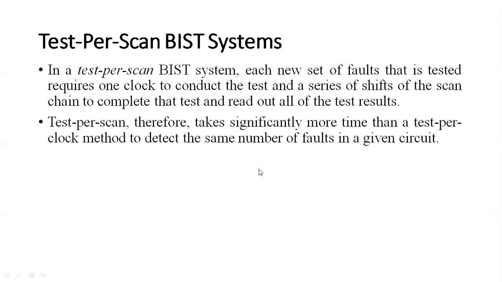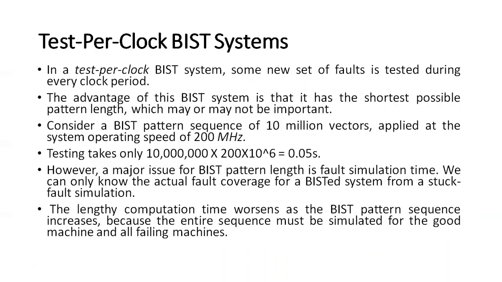The next concept is the test per scan built-in self-test system. So what is this test per scan? As we discussed in the previous session, let me show you here.